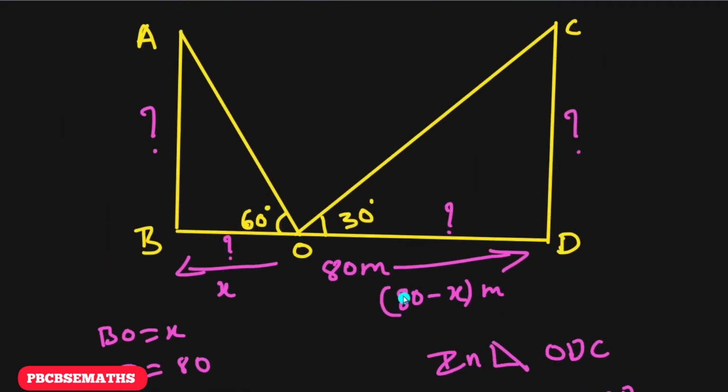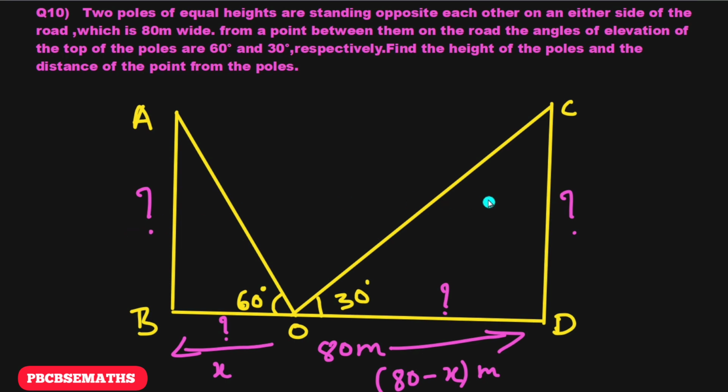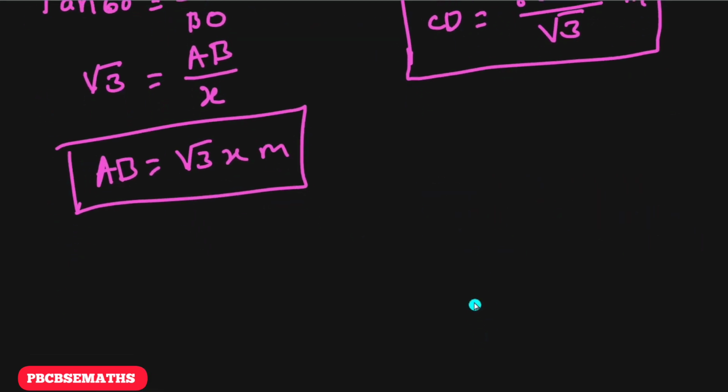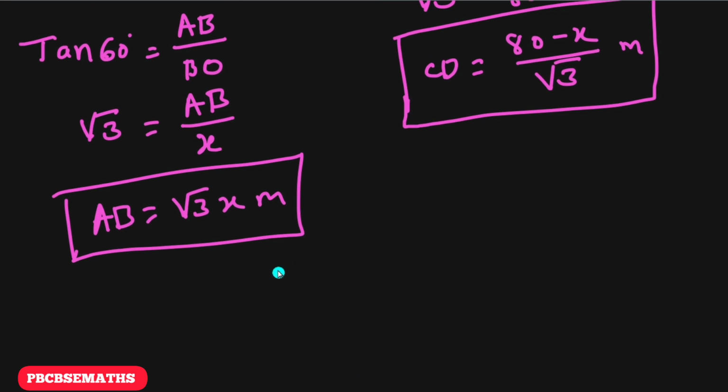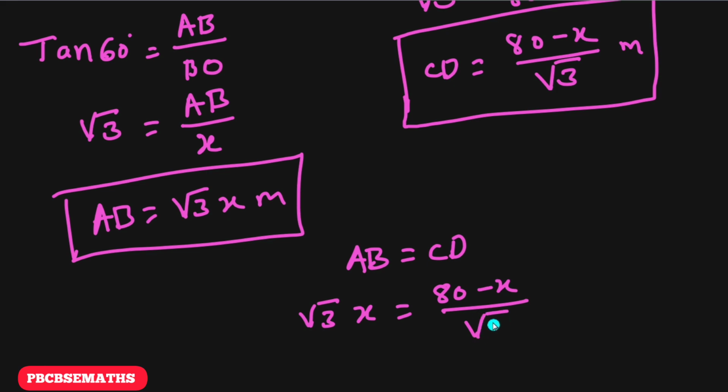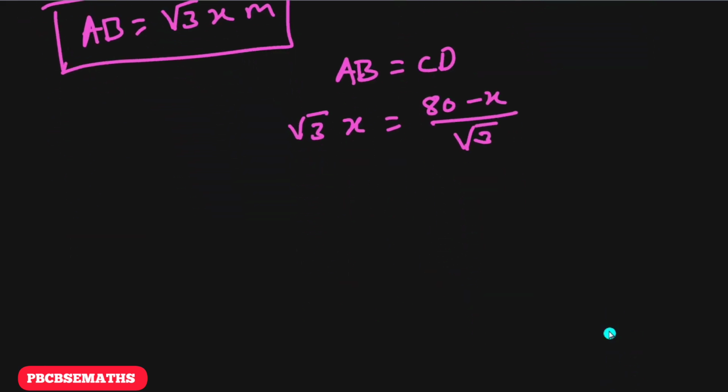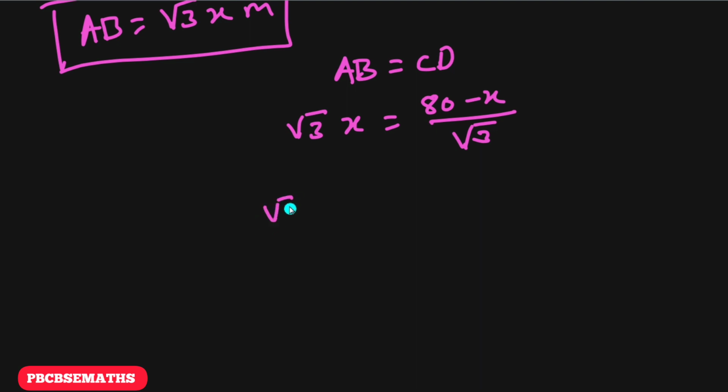It is given that AB and CD are the two poles of equal heights. So we can equate the values of AB and CD. Then we can write that AB is equal to CD. The value of AB is root 3 times x, which is equal to the value of CD, 80 minus x divided by root 3. Then by doing cross multiplication, we can write root 3 times root 3 into x is equal to 80 minus x.